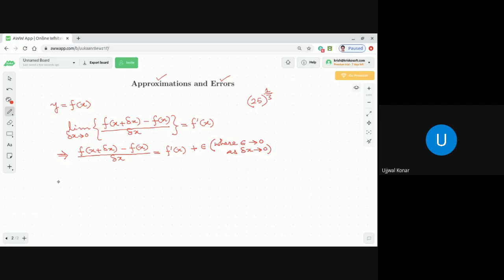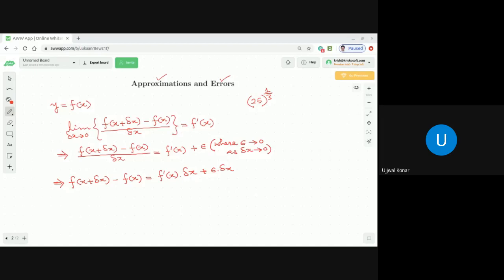So from here we can write f of x plus delta x minus f of x is equal to f dash x into delta x plus epsilon into delta x. Correct, my dear students? I hope it is well understood.